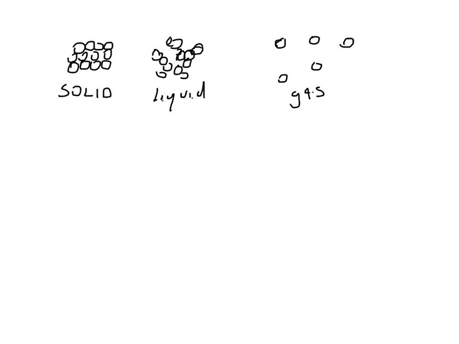So I'm going to continue talking about phase changes. When we look at a solid like I drew yesterday, in order for it to be a solid, it's considered to have high attractive forces.